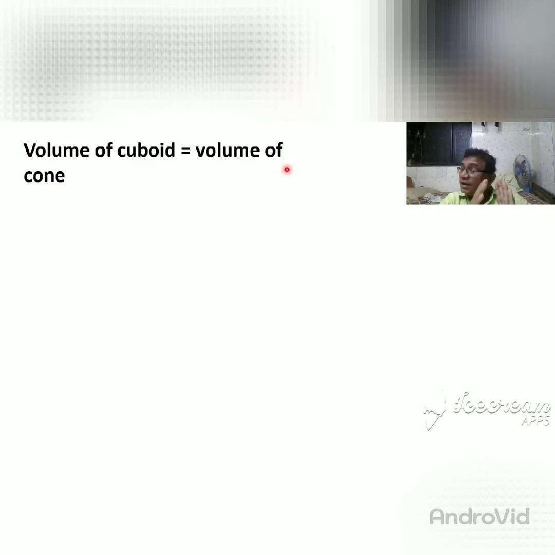Because the cuboid is melted and from that melted cuboid you are making a cone, so volume is the same.